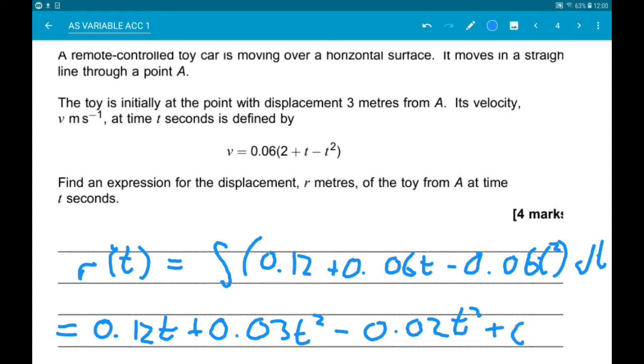Okay, now we need to find c. How do we do that? We need to know something about a displacement at a certain time.